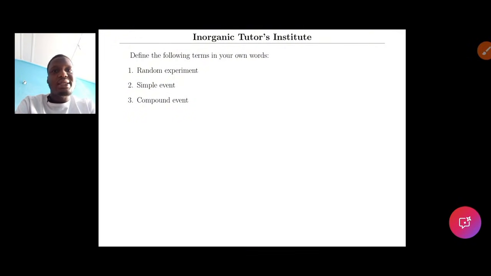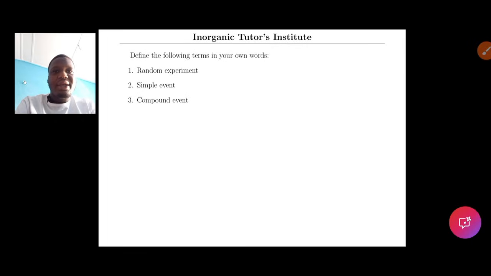So before conducting the experiment, you know the set of possible outcomes, but you don't know which one is going to show up. Before you toss a coin, you know that you either get a head or a tail, but you can't tell the outcome you get until you are done tossing. So that's what we mean by a random experiment.